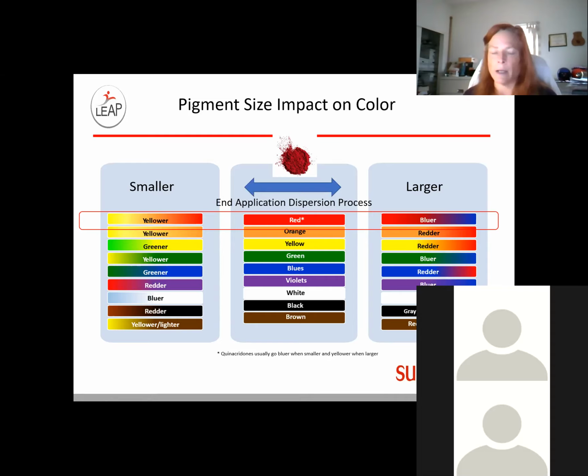If the intensity of the dispersion process is increased, like going more passes or smaller media size, then you can shift the end color of your dispersion to the yellower side. Conversely, if you soften the dispersion process, that will shift the end color to the bluer side.